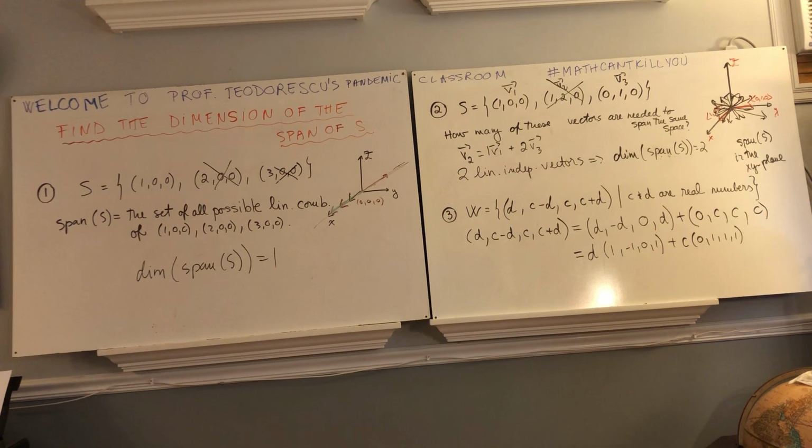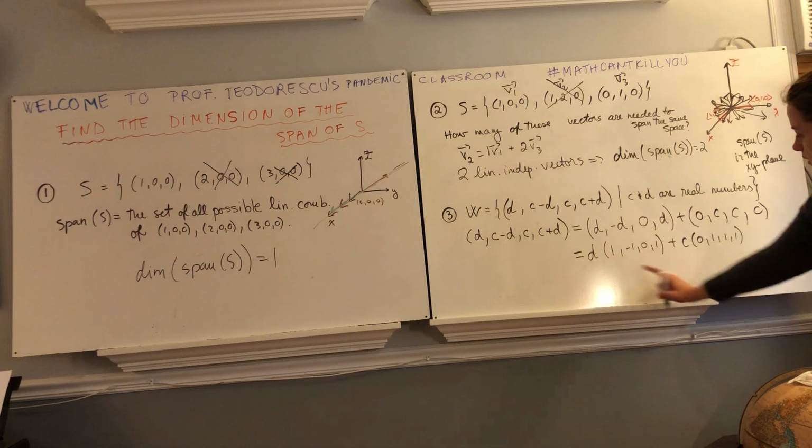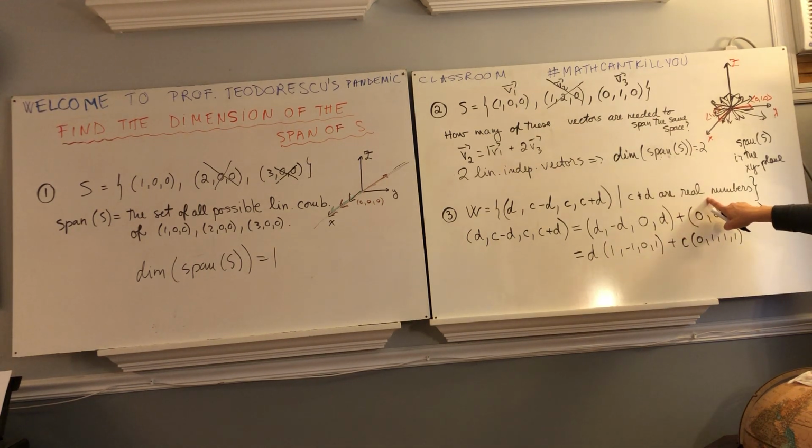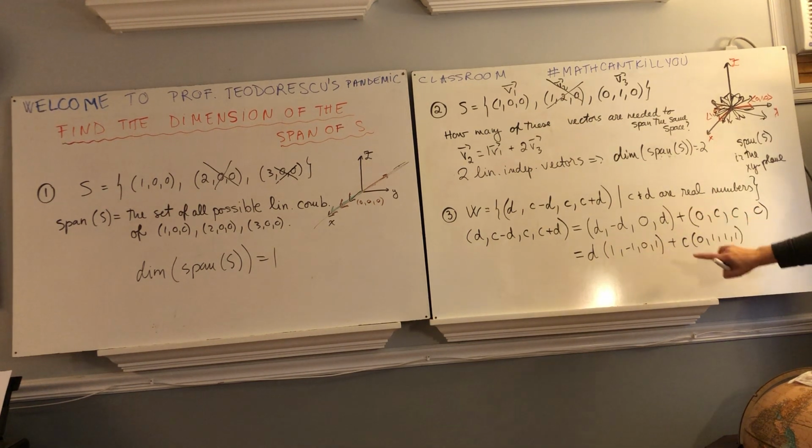So now the space W is the set of all possible combinations of these two vectors, right? C and D can be any real numbers. And so the space W is all the linear combinations of these two vectors. Now these two vectors are linearly independent because they are not multiples of each other, right?